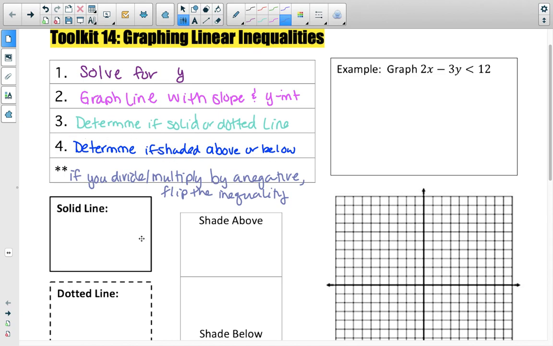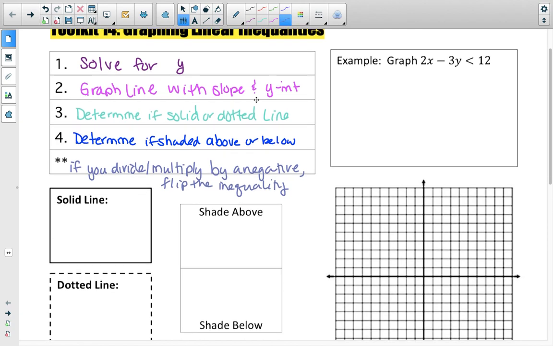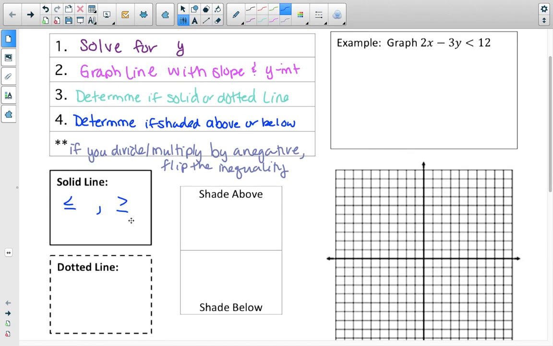So if it is a solid line, your inequalities will look like this. It's going to be a less than or equal to, or greater than or equal to. It'll be a solid line if you have the equal to aspect. It'll be a dotted line if it's just less than or if it's just greater than.